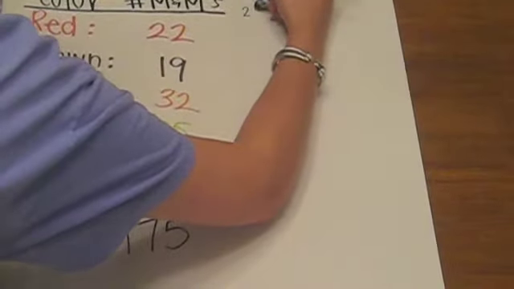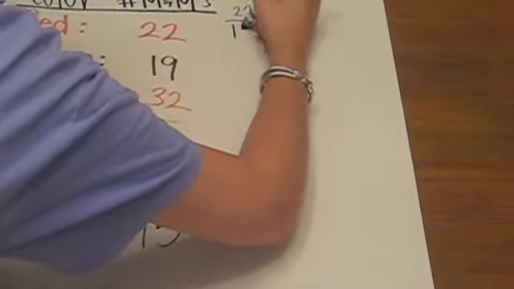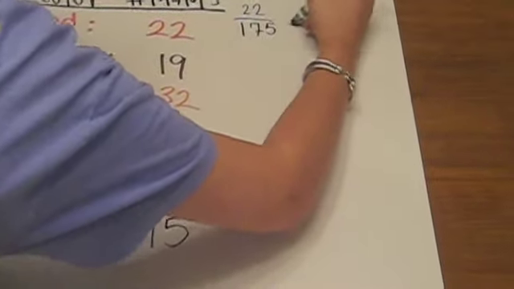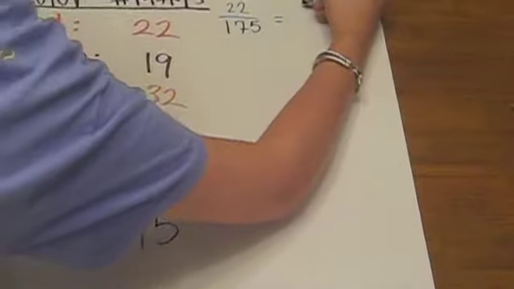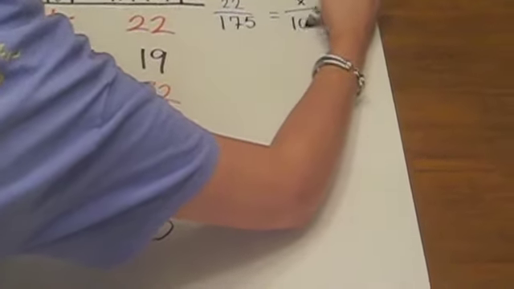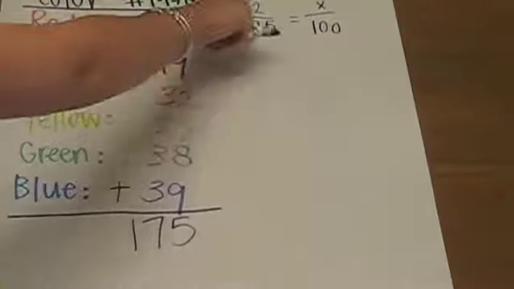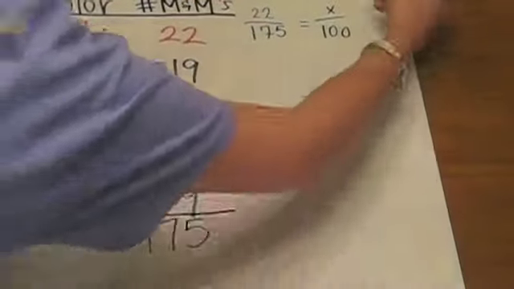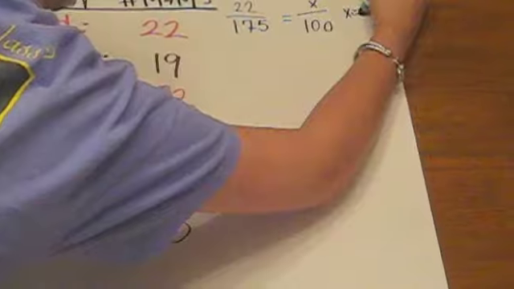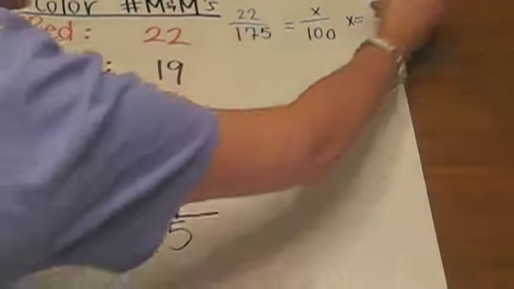So we want to set up 22 over 175. And since we're looking for a percent, it's going to equal what number over 100? So we have X over 100. Then you'll use cross multiplication and then divide by 175, and X will come out to equal about 13%.